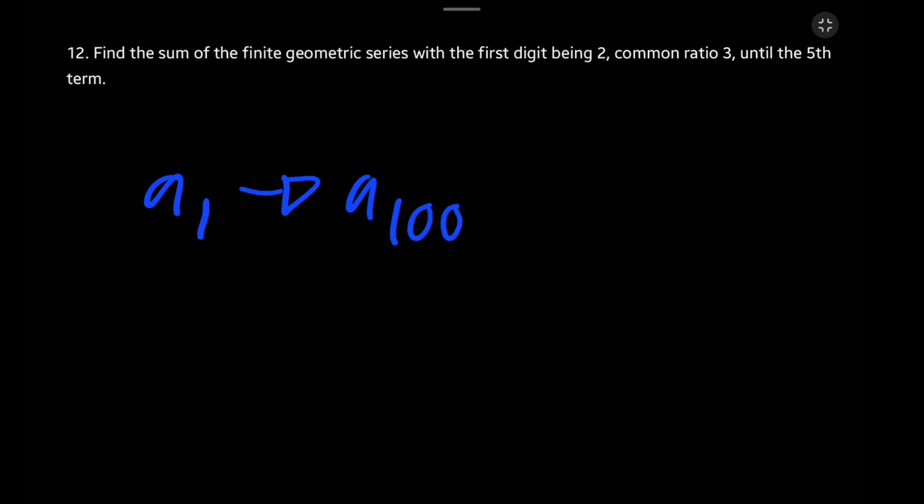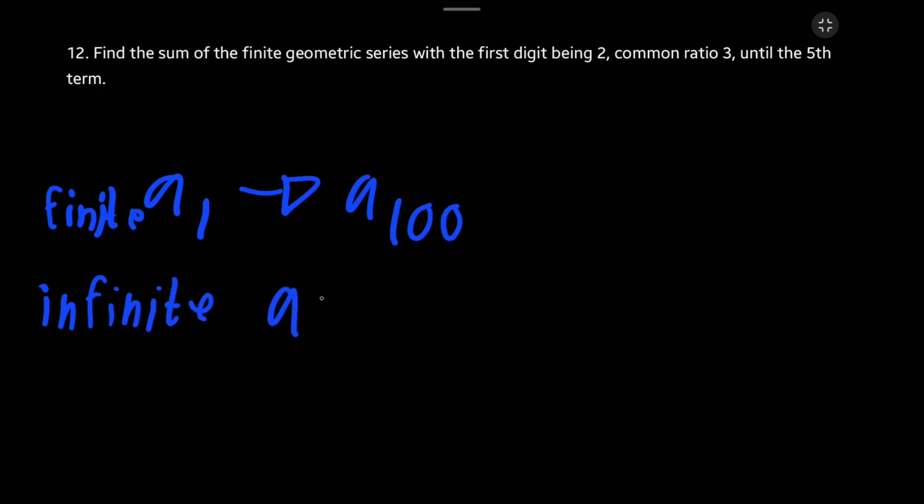And let's just put finite. And an infinite would be something like a sub 1 up until infinity. The reason why we don't get finite and infinite arithmetic series is because an infinite arithmetic series is already infinity.